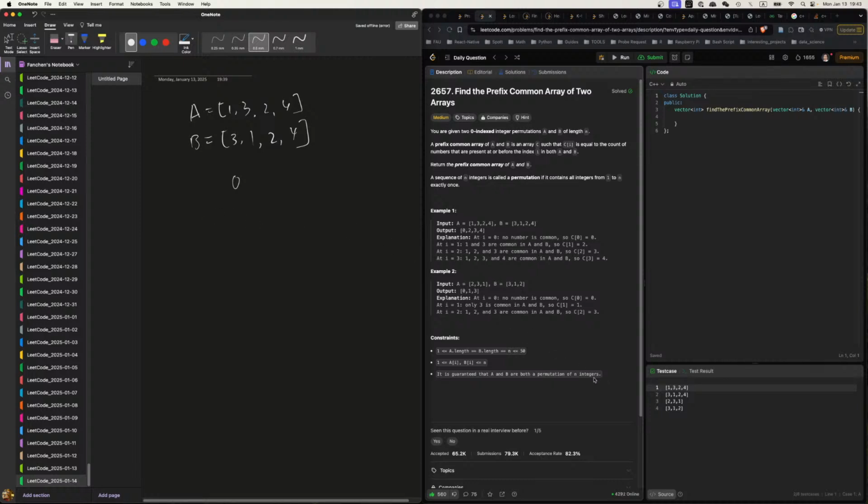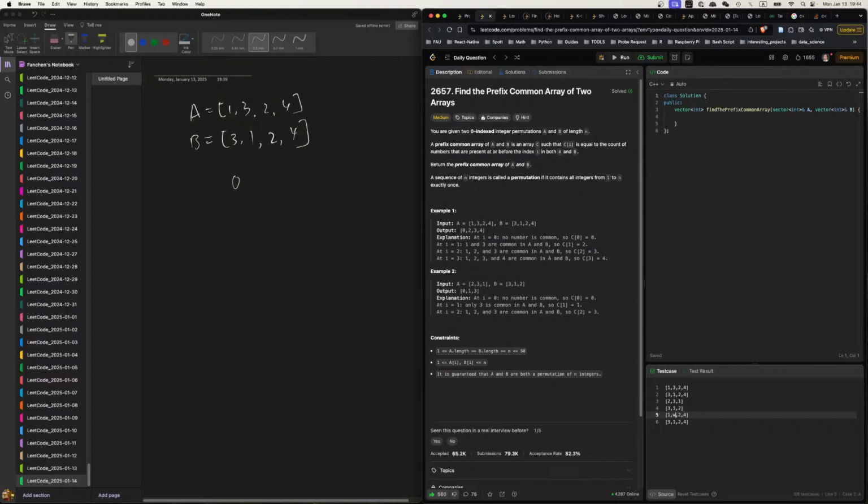You say the length is smaller or equal to 50, and both are permutations of n integers. Can we have duplications?